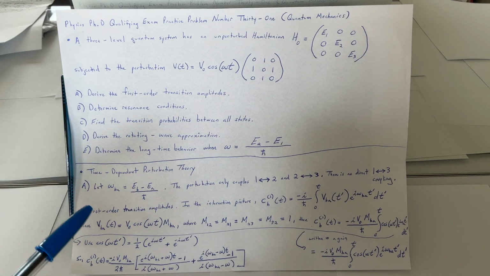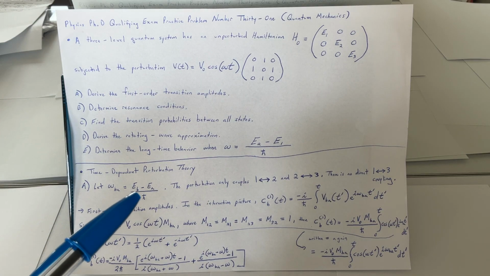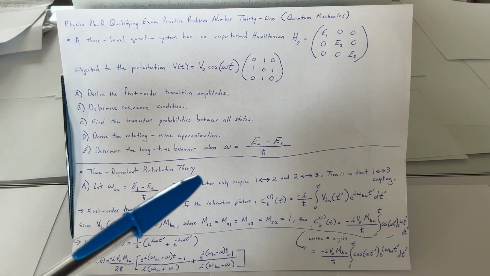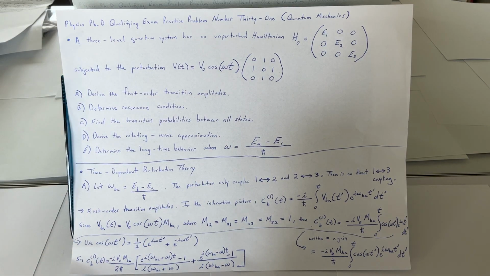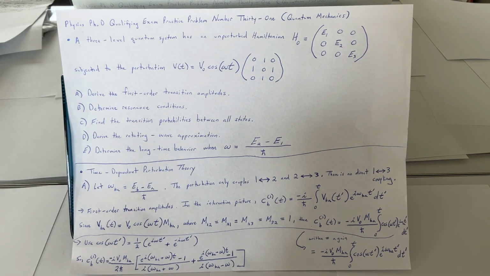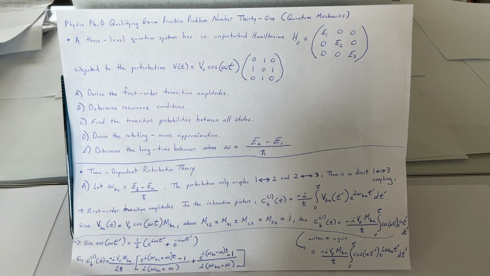So for part A, let omega sub BA equal E sub B minus E sub A over H bar. And the perturbation is only going to couple here: 1 couples 2, 2 couples 3, there is no direct 1 to 3 coupling.